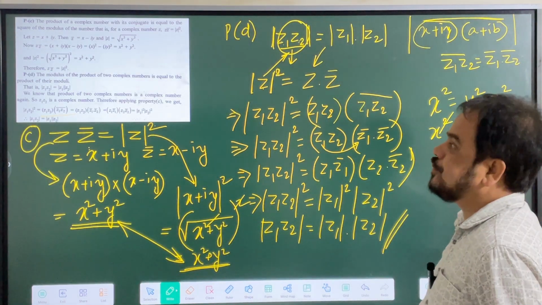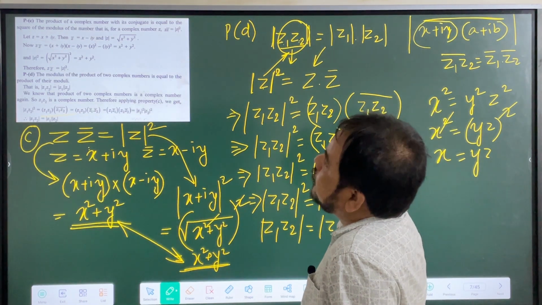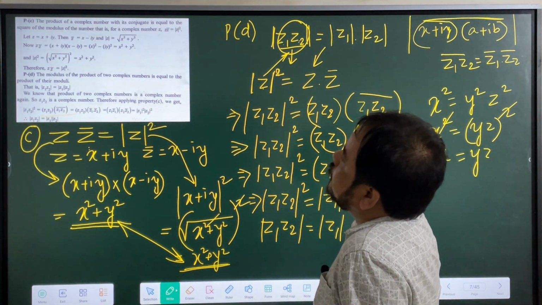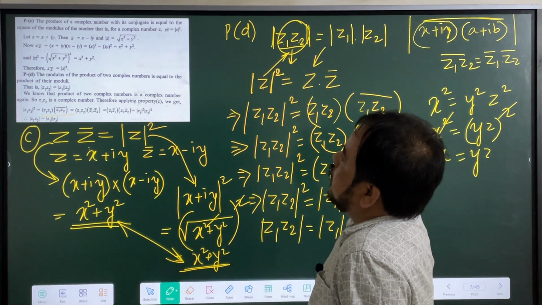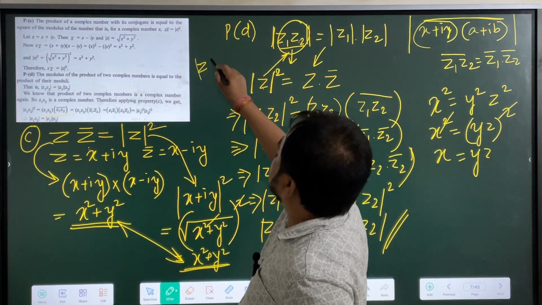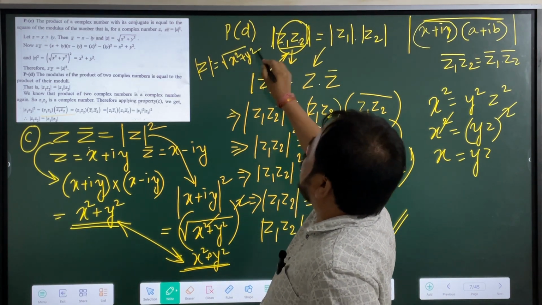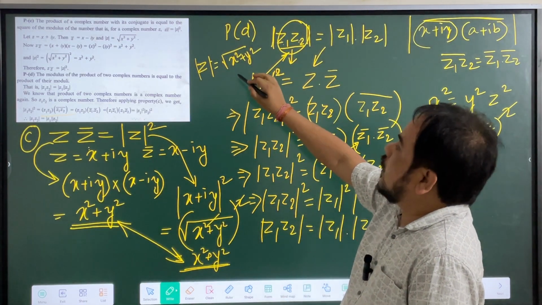Modulus of z is equal to square root of x square plus y square. Look here very carefully.